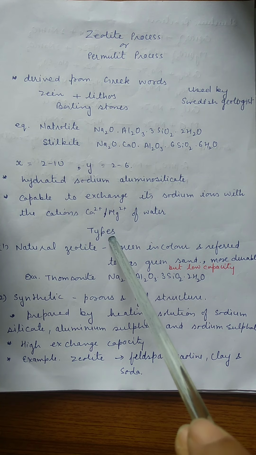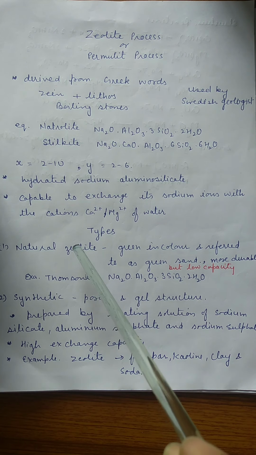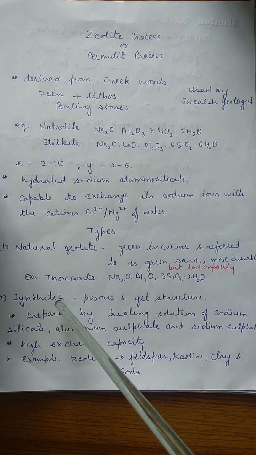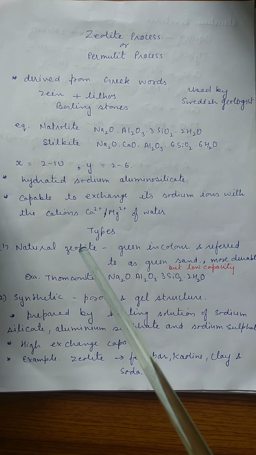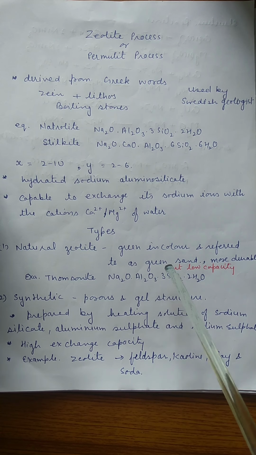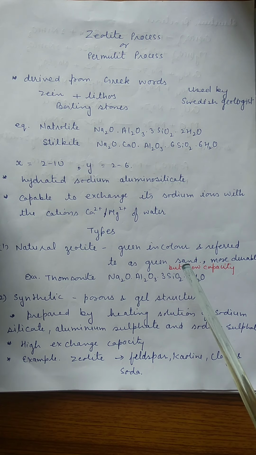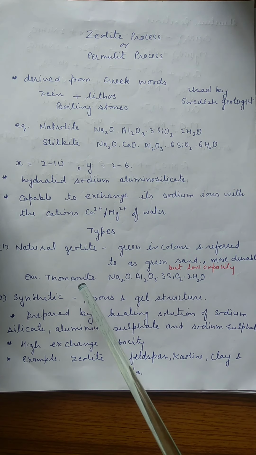Then the types of zeolite. There are two types: natural zeolite and synthetic zeolite. Natural zeolite is green in color and is referred to as green sand. It is durable but of low capacity. An example is thompsonite.